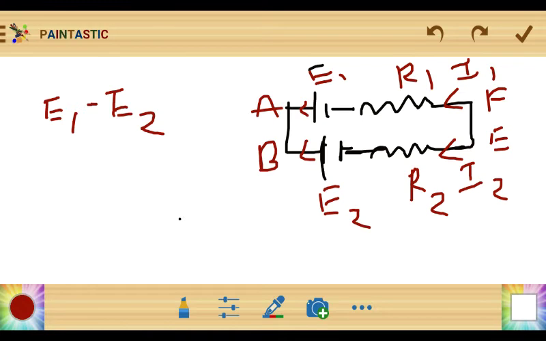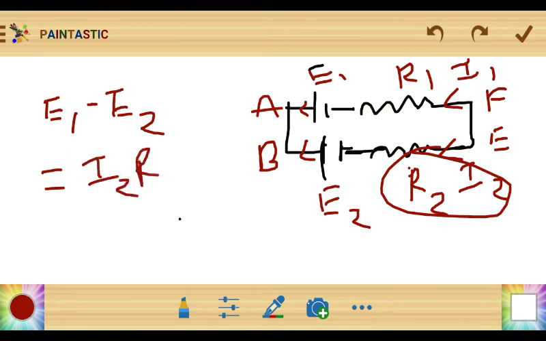Okay, now this equals, I can simply write, and now we come to the resistors. Again we come across current flowing I2 and resistor R2 here, you can see. Now from B to E again, R2 and I2, that is simply I2 R2.